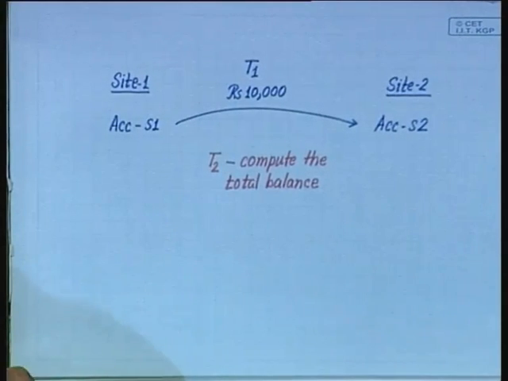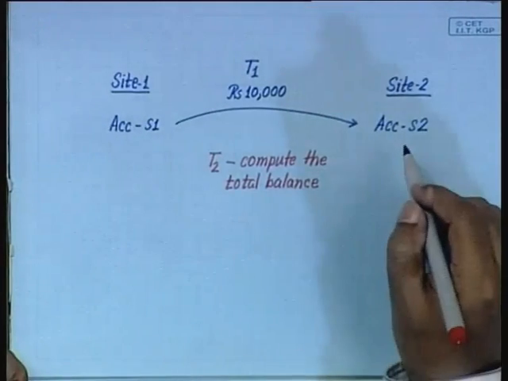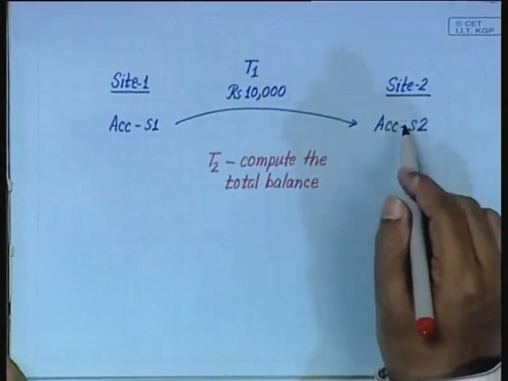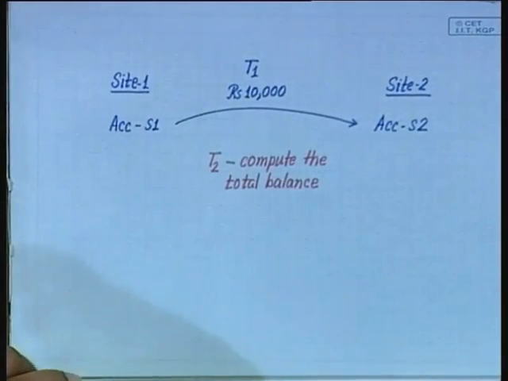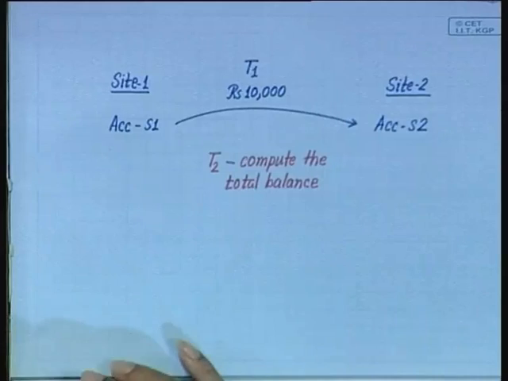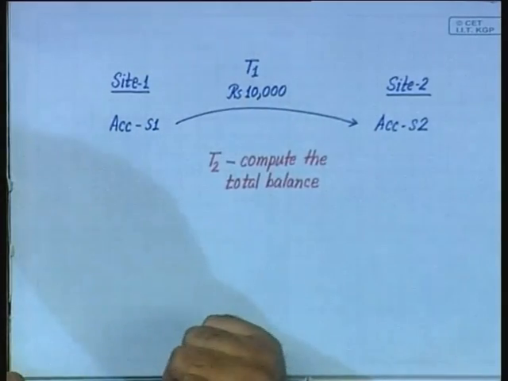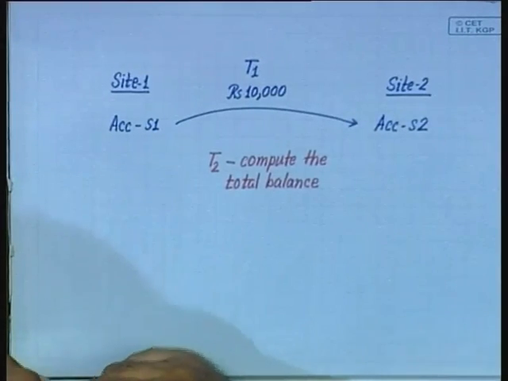Now to compute the total balance of the two branches, T2 will record the balance of one site and then record the balance of the other site and then add it up, right, and that transaction can happen concurrently with T1, right.